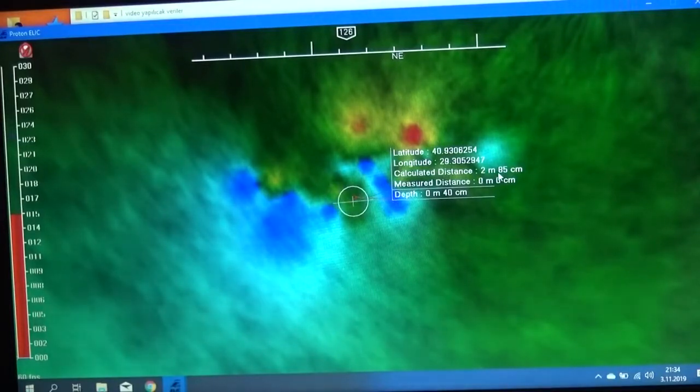Look at the bar on the left again, the bottom of the 0 point. This bar is also T-link, and we see the level. The device is held very close to the target, 2 meters, 85 centimeters.